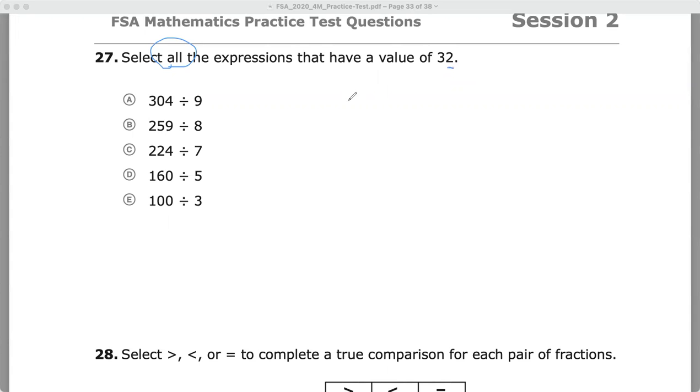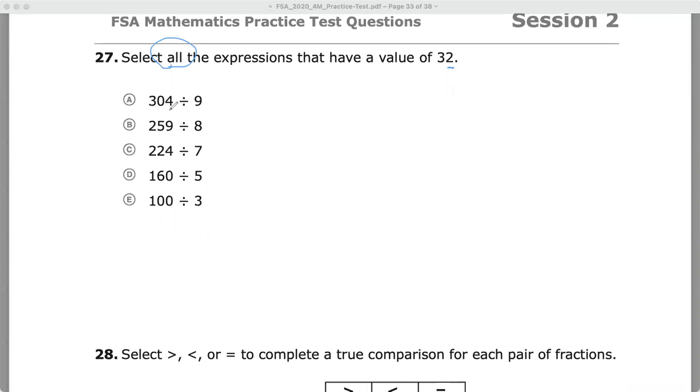So, without going into a lot of detail, I am looking for, does 9 going into a number with 4 end in 2? No. I'm thinking of like 14, 24, 34, 54 ends in a 6, but not a 2.